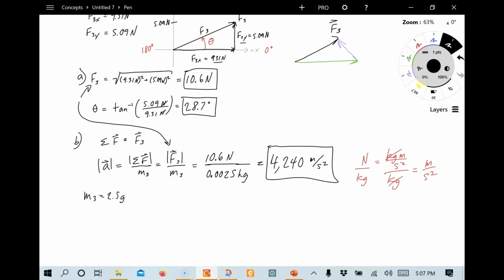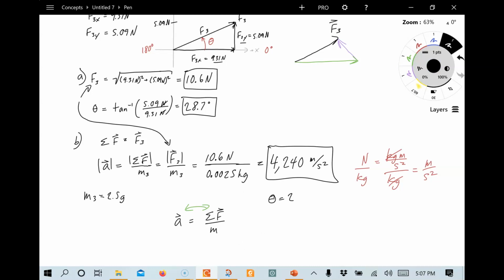Now, based on Newton's second law, this equation that relates the acceleration to the net force and the inertia of the mass, since these two vectors are proportional to one another, they always point in the same direction. So if we wanted to state the angle, what direction is the acceleration in? Well, we don't have to recalculate. We know it points in the same direction as the net force.